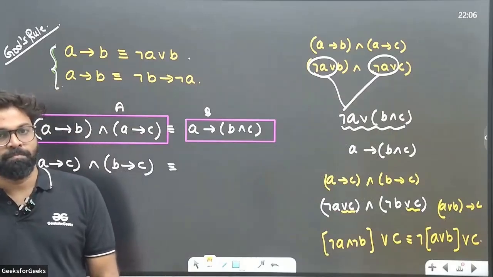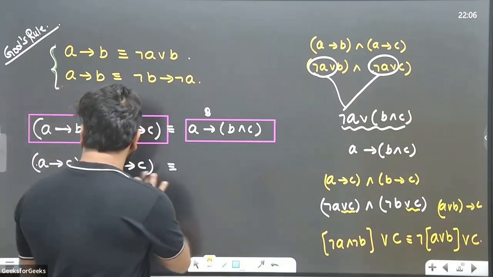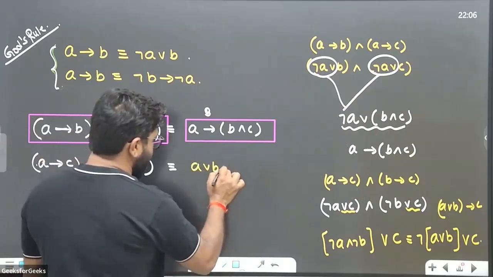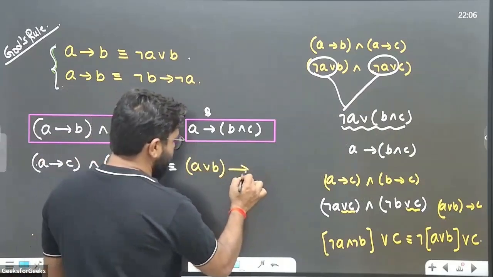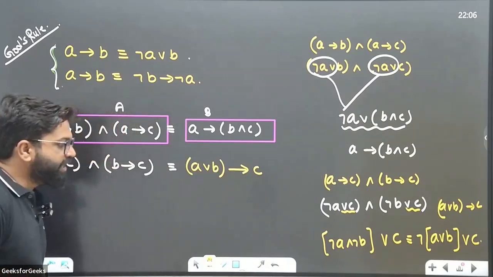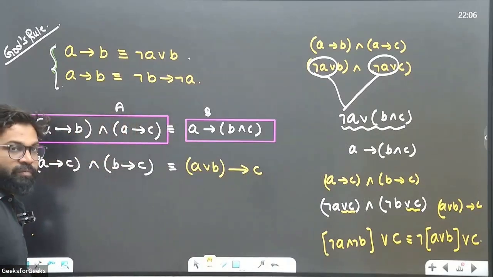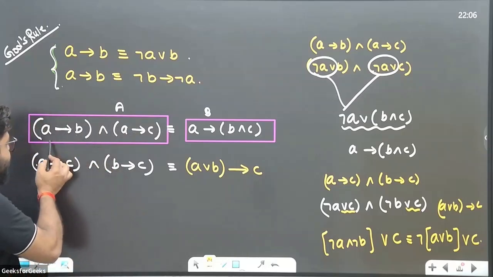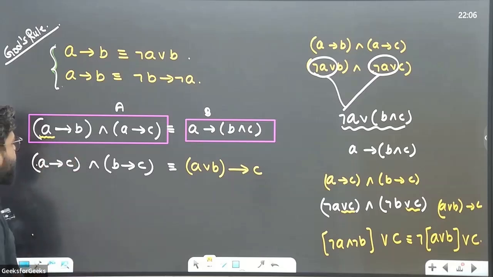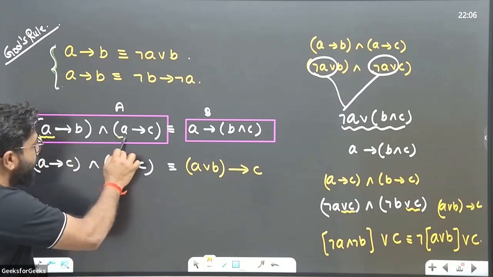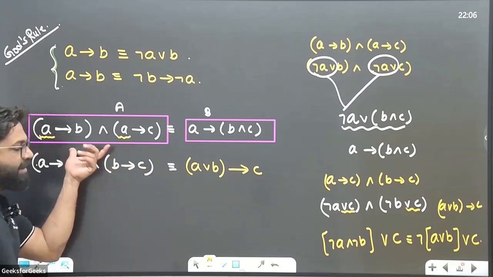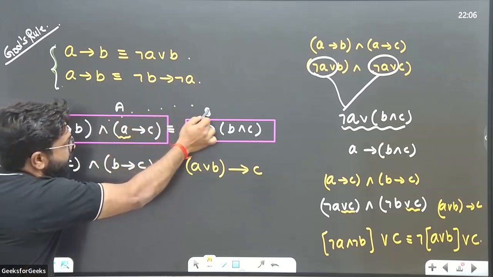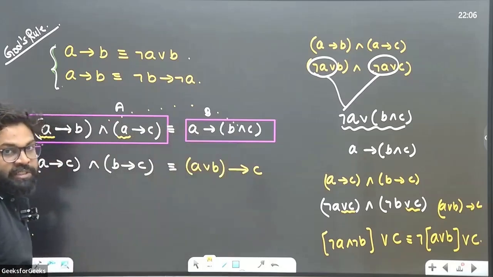Yes, sir. Right? So the answer for this expression you can get. It says A or B, and then this whole thing is implying C. Now, one thing you have to note in order to understand this is, when the left side is the same, here you will have A and here you will have A, your operator is not changing.